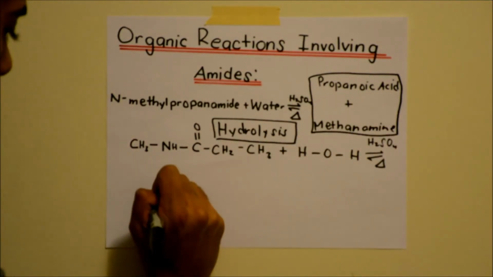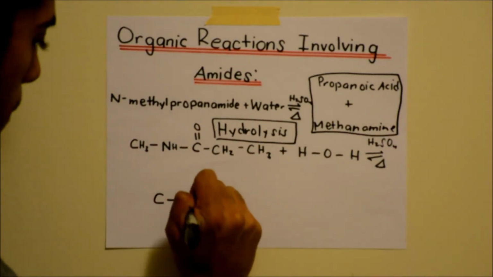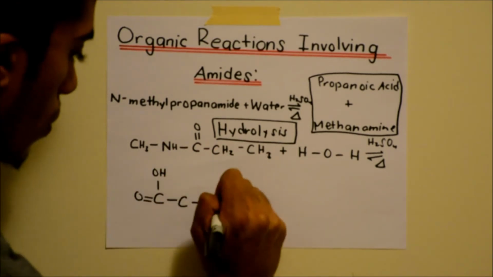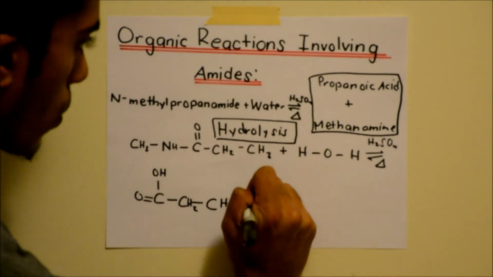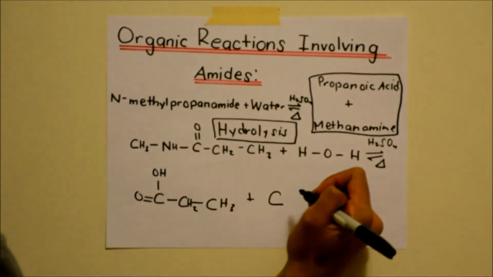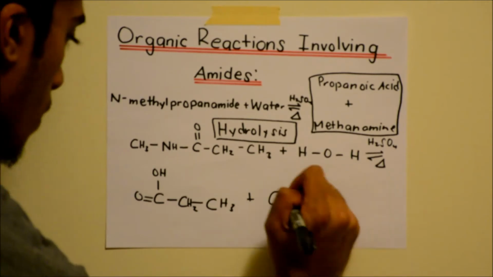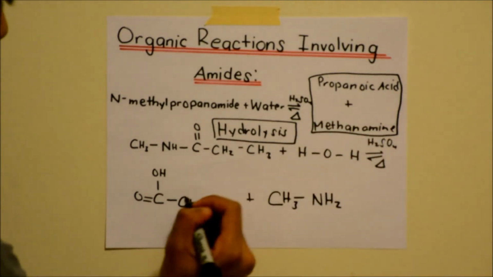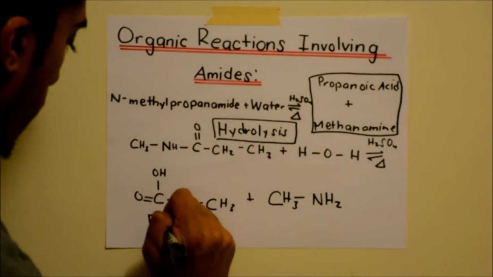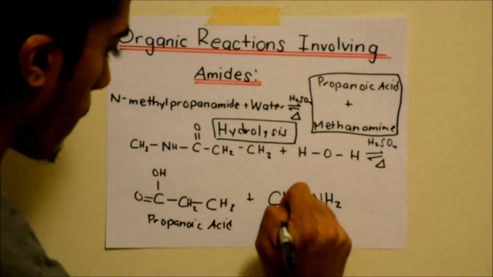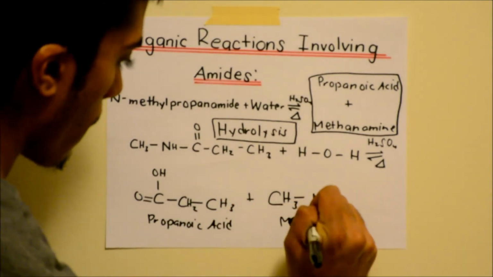Let's begin to draw out our products using a structural diagram. Once again, the hydrolysis reaction between N-methyl propionamide plus water with a sulfuric acid and heat catalyst produces propanoic acid and methanamine.